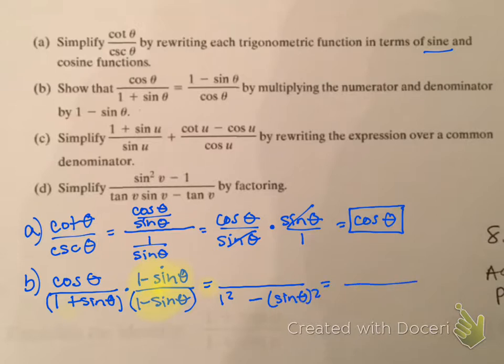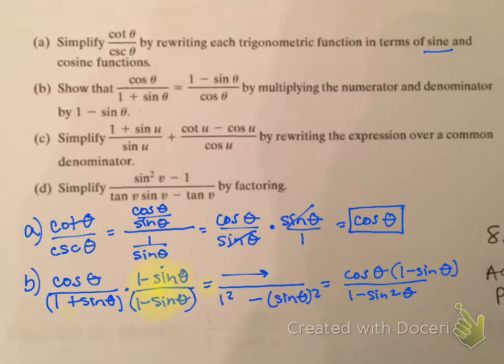Okay, so this becomes 1 minus sine squared theta over cosine theta times 1 minus sine theta. Now I'm not done yet.